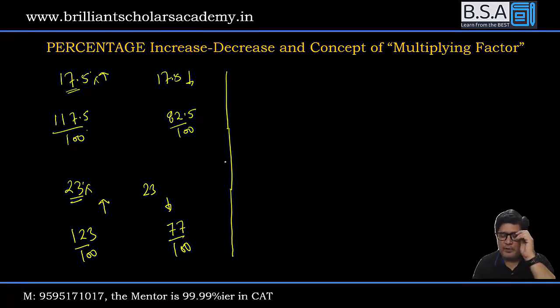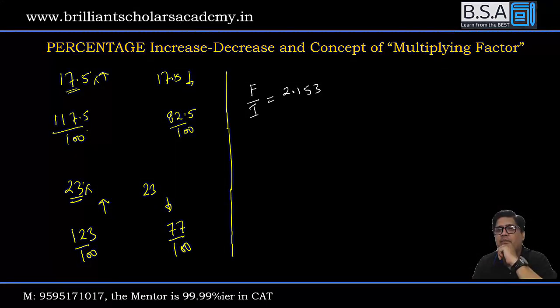Reversing the whole approach. While dividing final value and initial value, be careful. I came to a ratio 2.153. Can you guys tell me what is the percentage increase?